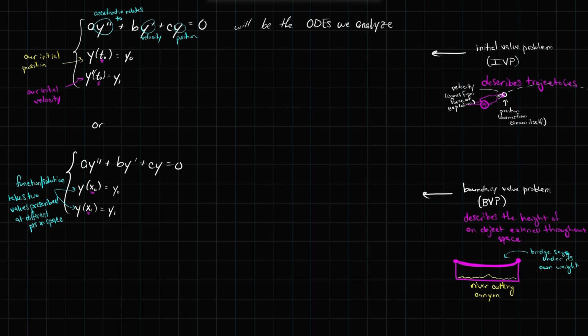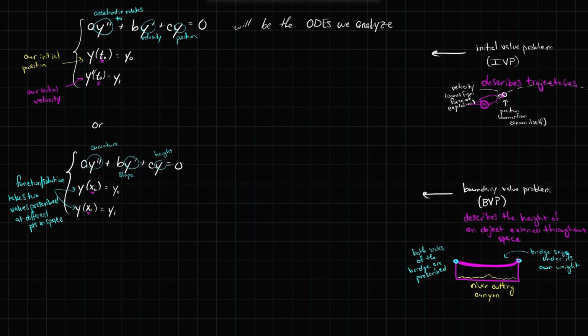Suppose we want to describe the height of the bridge over the canyon. The height of the bridge can be described by this y once we solve the equation, because you can think about y double prime really as a curvature related to a slope related to the height. That's how you relate the three terms spatially. And it's a boundary value problem because both sides of the bridge are prescribed. You don't really have a choice over that specific height. They're going to be whatever they are.